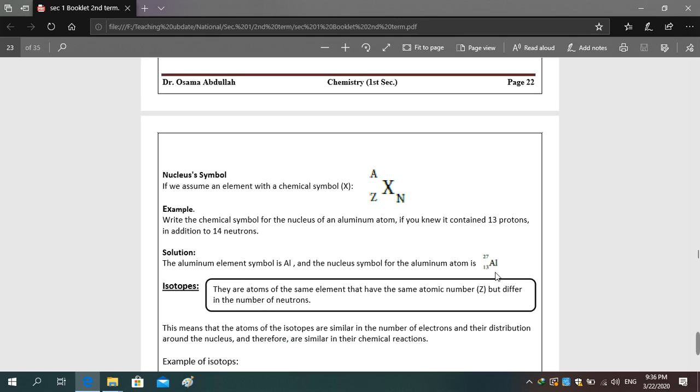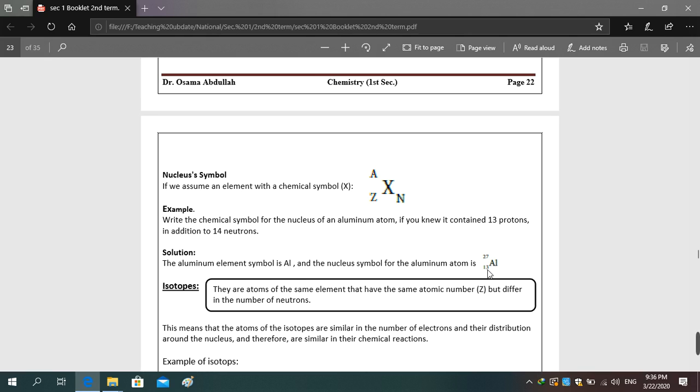For example, let's take aluminium. The aluminium element has mass number 27, which means that the aluminium atom has 27 protons plus neutrons. The atomic number here is 13, which shows that the number of protons equals 13 and the number of electrons equals 13: the positive protons inside the nucleus and the negative electrons outside the nucleus.